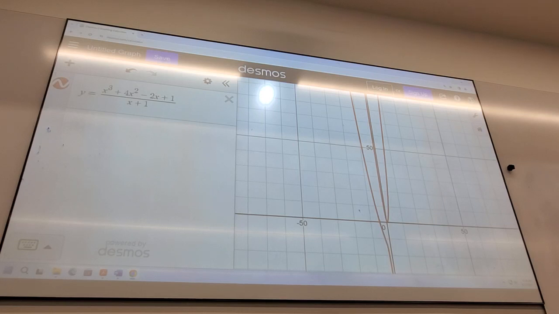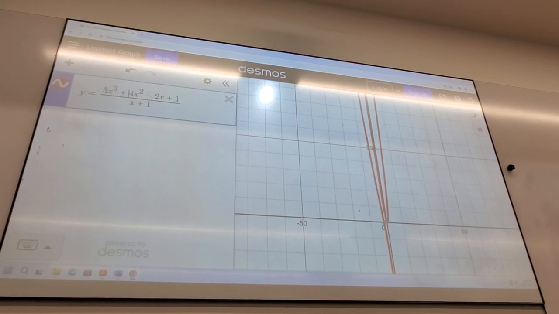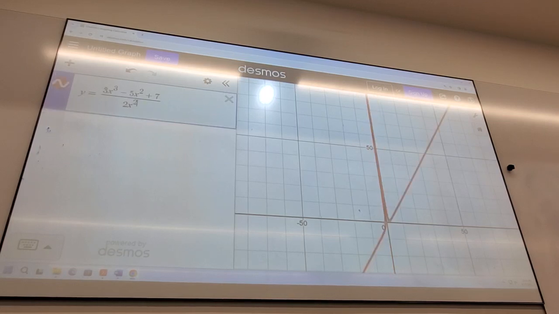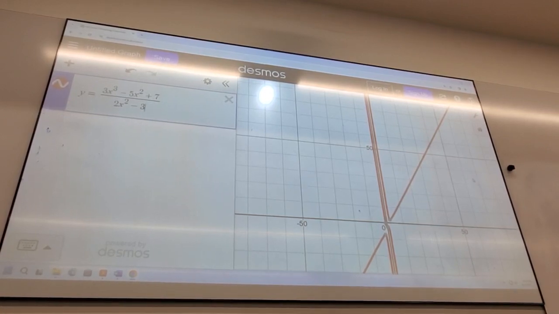So if I put in here anything, and I mean anything, so if I put in here 3x cubed minus 5x squared plus 7 over 2x squared minus 4 or 3. There you go, John. That's going to have an x, right? The answer is going to be x.